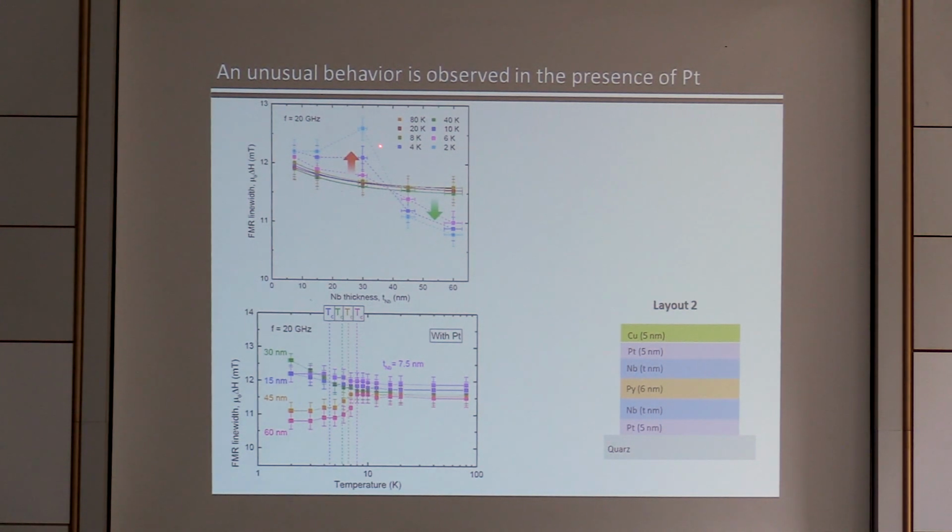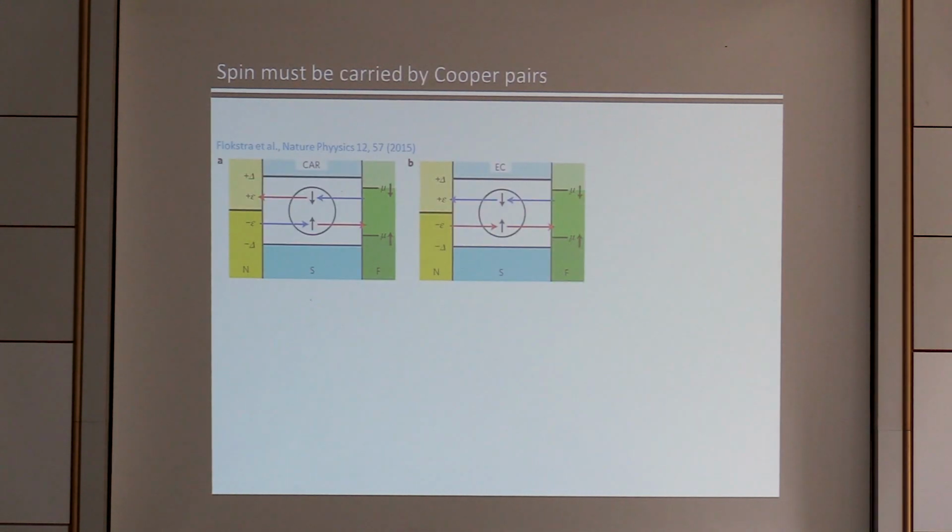The interesting thing is that the highest line width that we measure here is even higher than the line width in the limit of very thin niobium layer at room temperature, where basically all spin is pumped, is dumped in the platinum. So from this data, it seems like the niobium in the superconducting state is even a better spin sink than platinum, which is completely against our intuition of spin transfer mediated by quasi-particles.